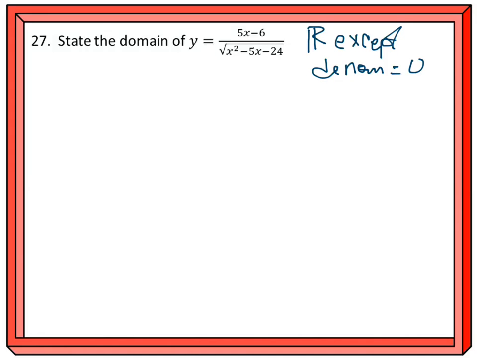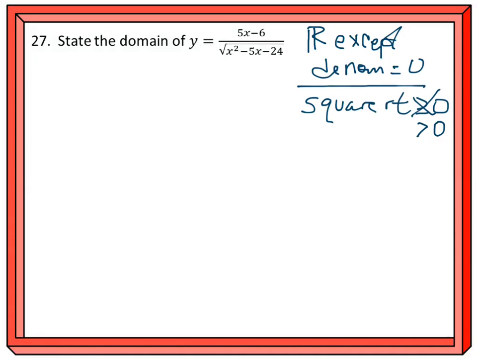Now, the fact that it's a square root in the denominator, the square root can't be negative, so the square root has to be greater than or equal to 0. However, we just said that the bottom can't be equal to 0, so we're going to take off the equals sign here and make that just greater than 0.